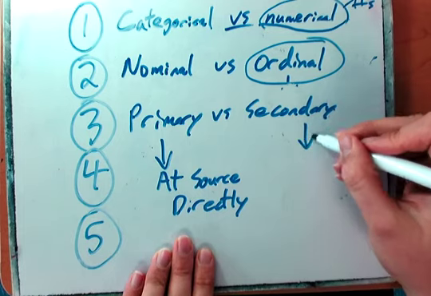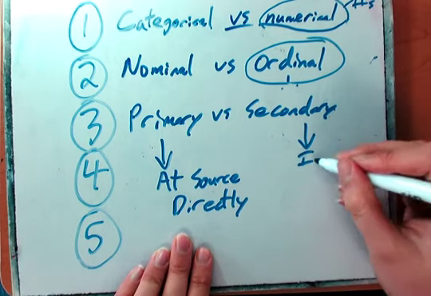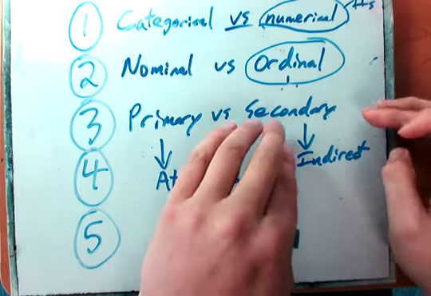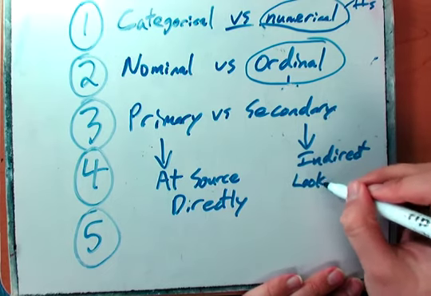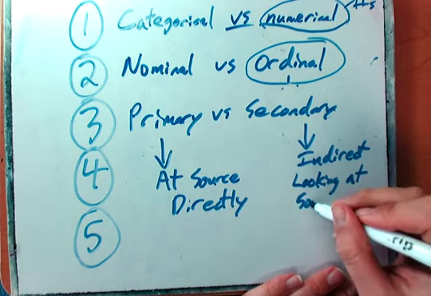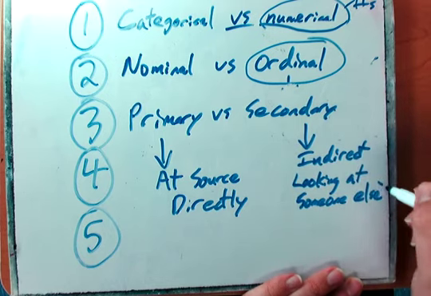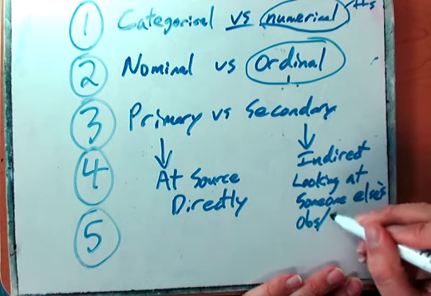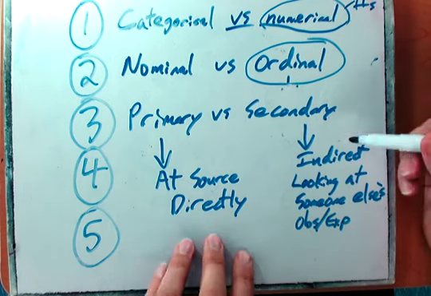Secondary is looking indirect, and secondary data is like looking at someone else's observations or experiment.